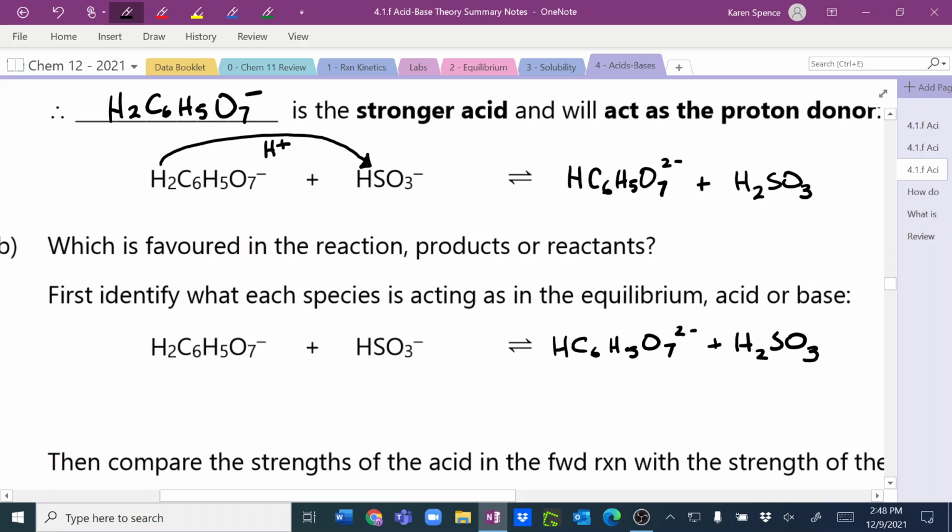And so we decided already that this guy was giving up a proton, so it must be the acid in the reactants. And this one must be the base because it's accepting the proton. Who is the acid in the products? H2SO3.